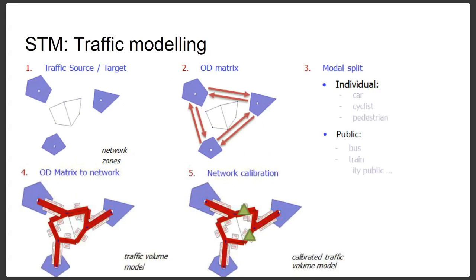This allows you to calculate a so-called origin-destination matrix, which can then be split into different ways of transporting within a city or within the region that you're running the simulation.